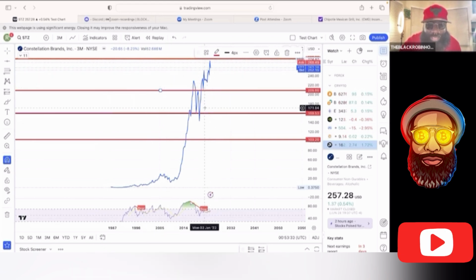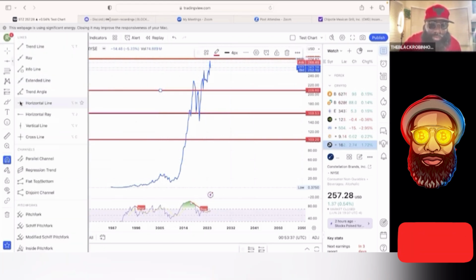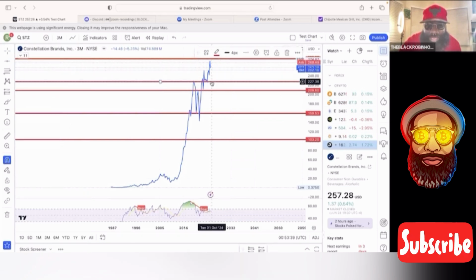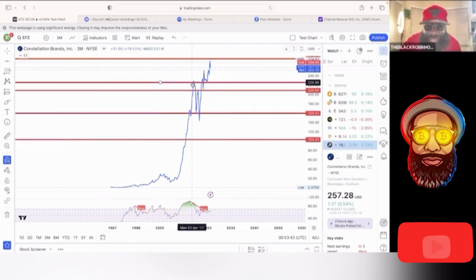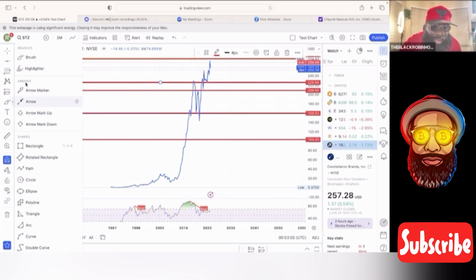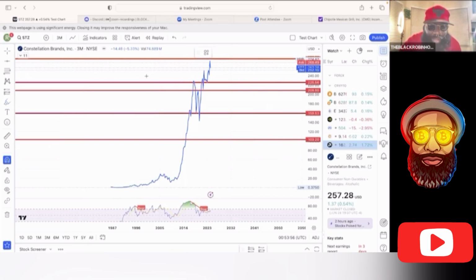So you see, once I switched it, now I can see points where the market connected, right? When I say connected, this level right here and this level here. Let me see if I can draw. How do you draw? Brush, highlight. Okay, let me highlight.